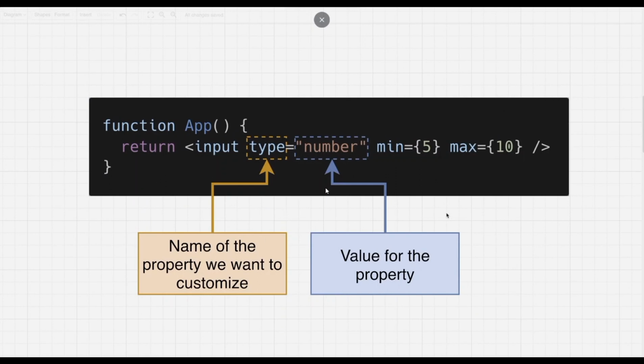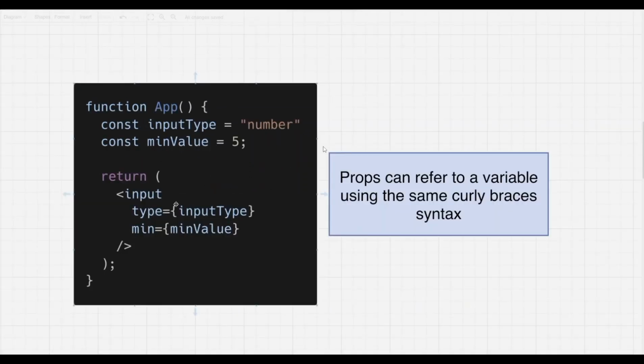So as you can see there in the prop, this type is the name of property you want to customize, and the value for property is number. And the main point of difference between props and attribute is that props can refer to the variable of JavaScript by the help of curly braces.